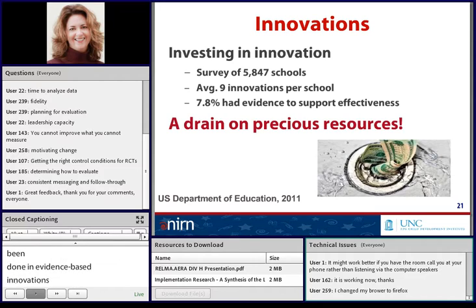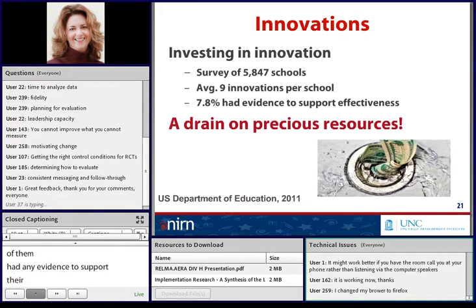On average, there were 9 innovations per school, so this data was collected some time ago. I wonder what that would look like now. But of those 9, on average, only 7.8% of them had any evidence to support their effectiveness, which is a precious drain on resources. So despite much of our efforts on identifying what works, we're still seeing low utilization of those evidence-based practices.